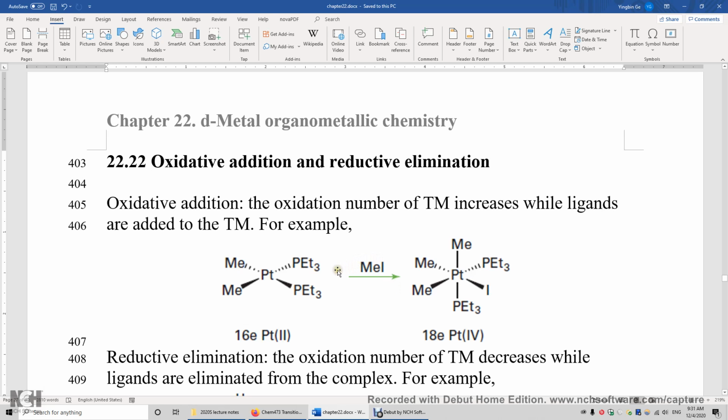And it just happens that when we add ligands to the transition metal, very often it's accompanied by the increase of the oxidation number of the transition metal. It's not always true. Sometimes there's just no change, but very often these 2 happen together.